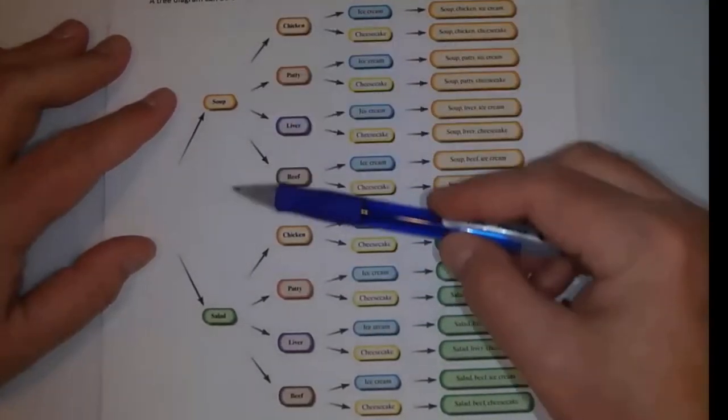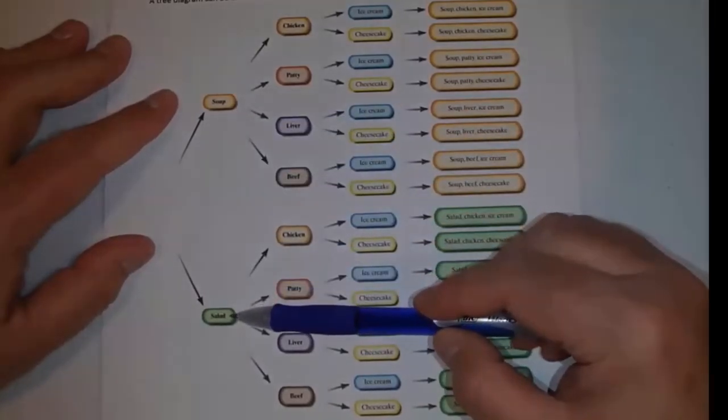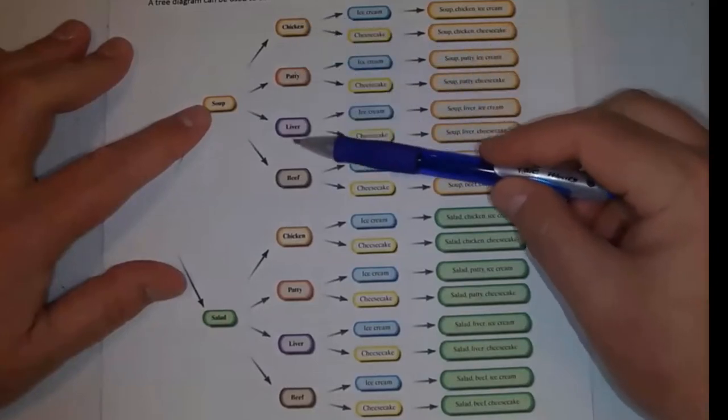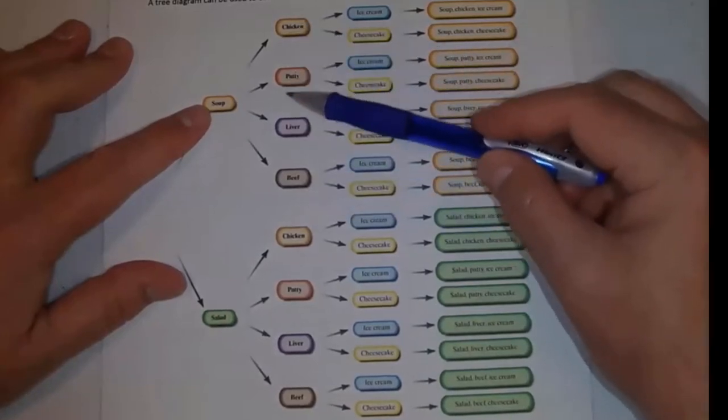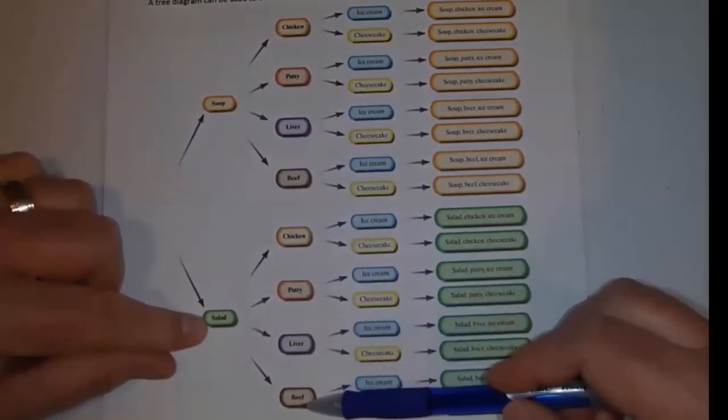And so for my appetizer, I really have just the two possibilities, either soup or salad. Now, if I have soup, then I have four possibilities for entree: chicken, patty, liver, or beef. And if I have salad, I have those same four choices: chicken, patty, liver, or beef.